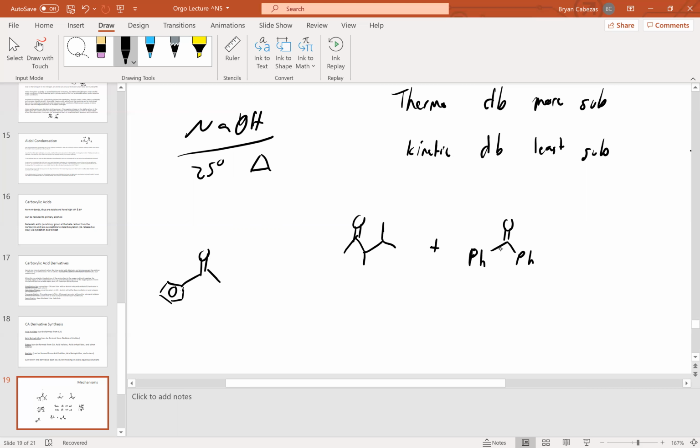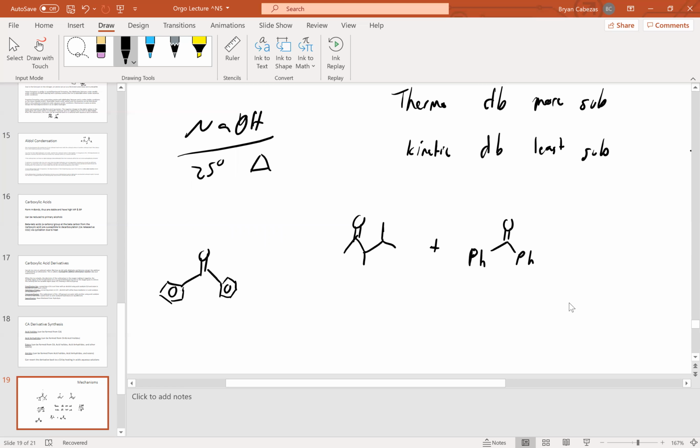Let's just draw another one. If we have something like this, if we were to not abbreviate this and draw out the structure, there's not going to be any hydrogens removed from the alpha carbon, because there's no hydrogens there. That carbon already has the max amount of bonds it can have. It has 4 bonds to it.